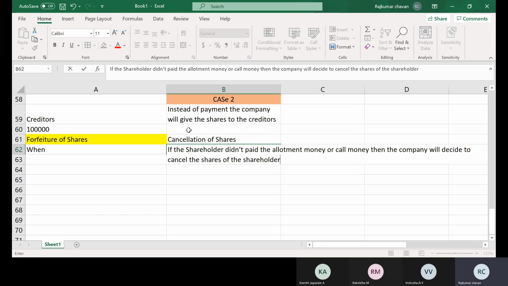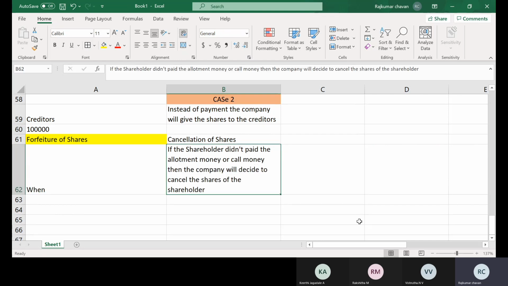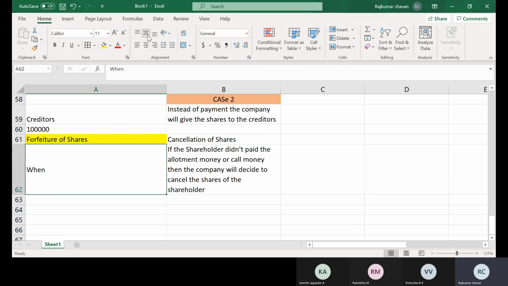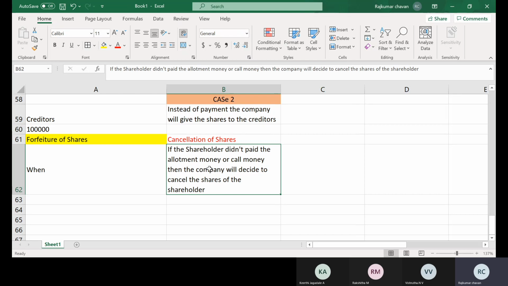In fact, shareholder is not the right word. They use the word applicant. But to make it very simple, I'm just using shareholders. Now you understood when we forfeit the shares?